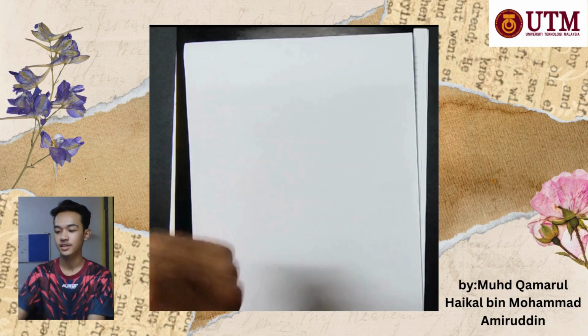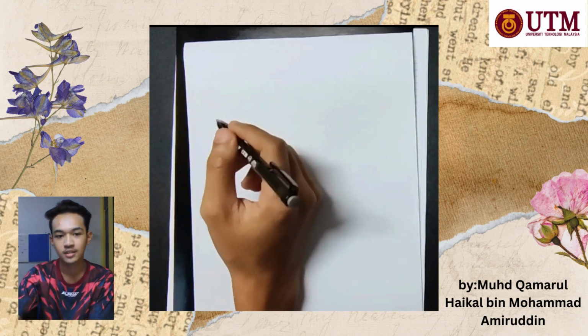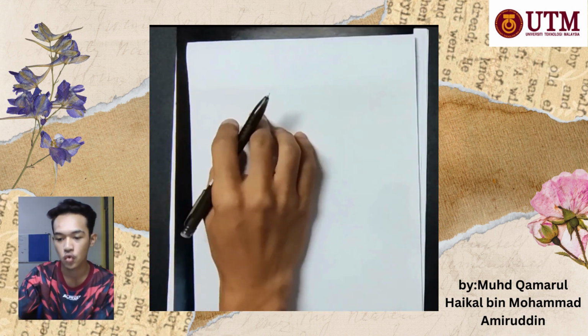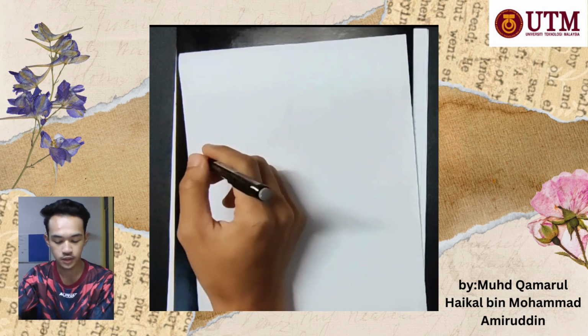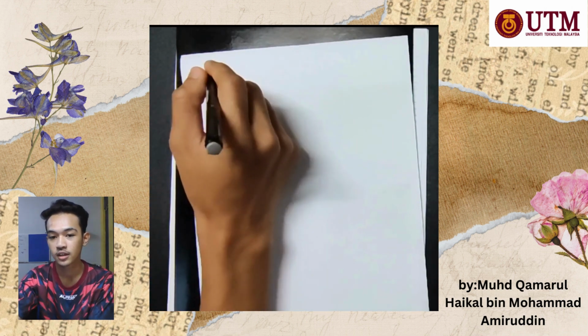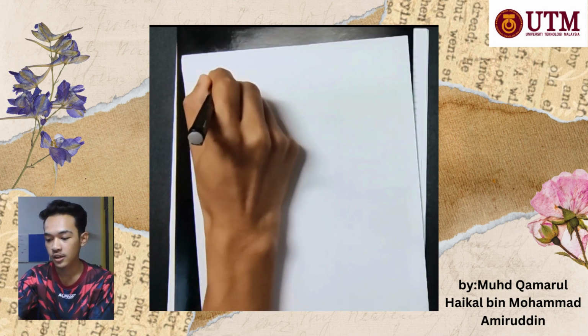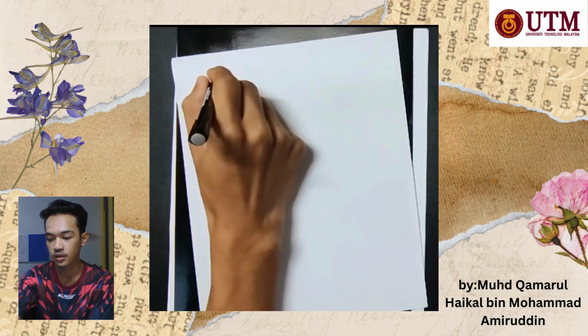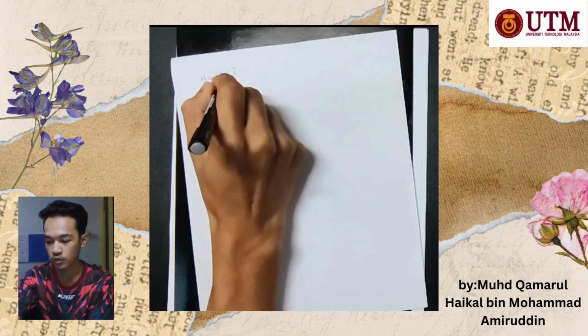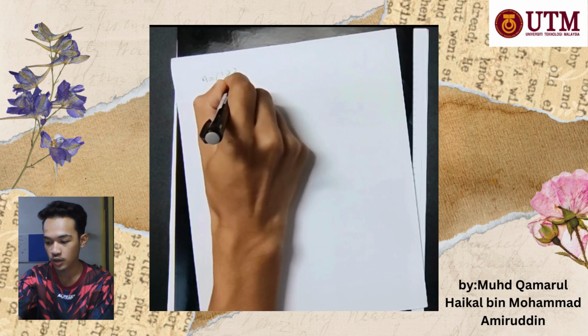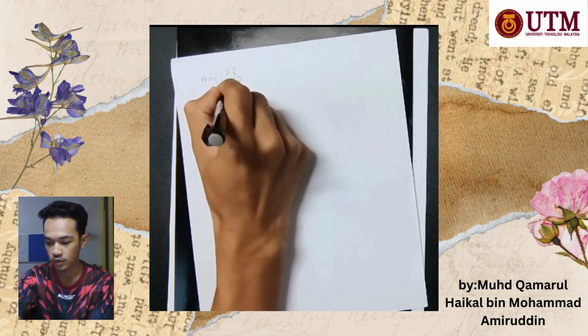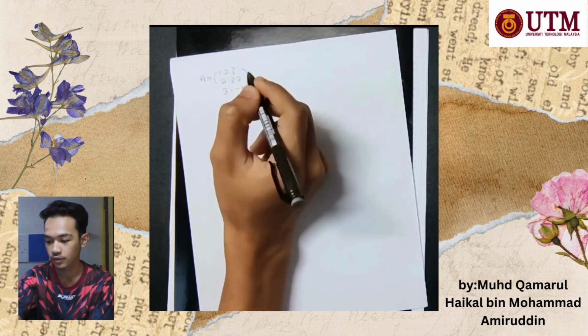So, in this example question, let's use ERO. The question is given matrix A is 1, 2, 3, 2, negative 3, 2, 3, 1, negative 1.